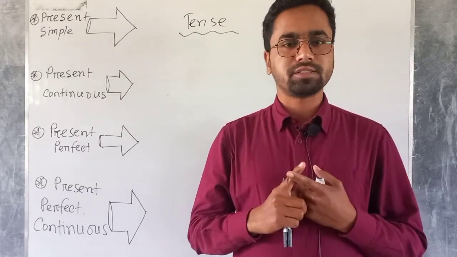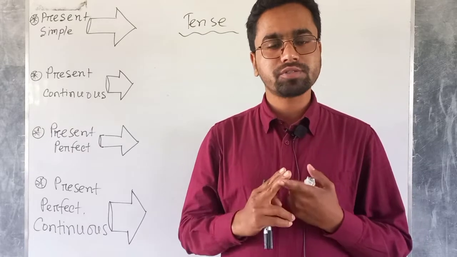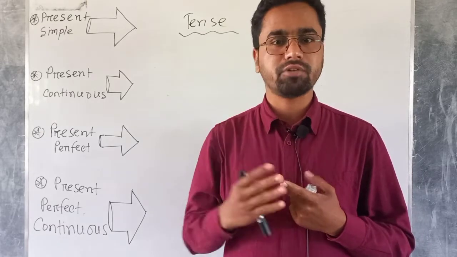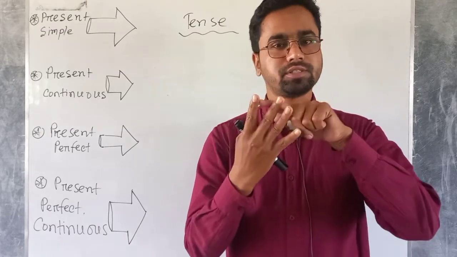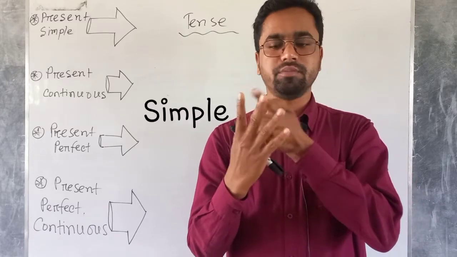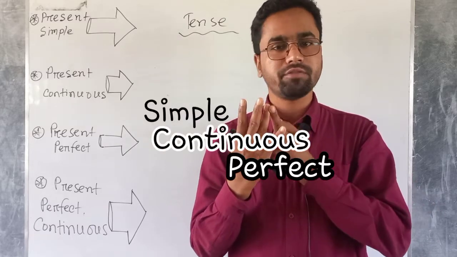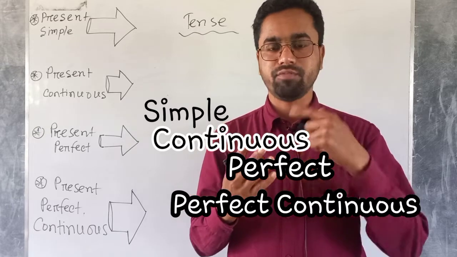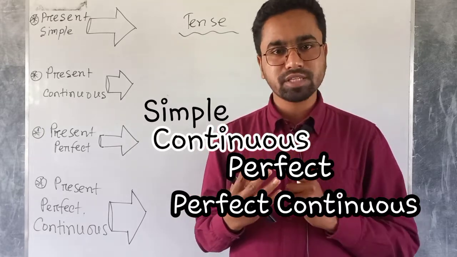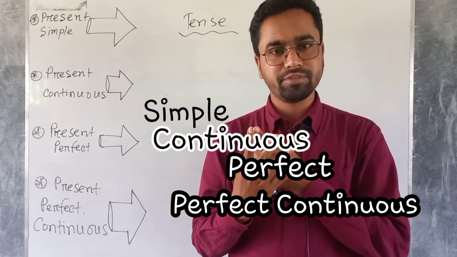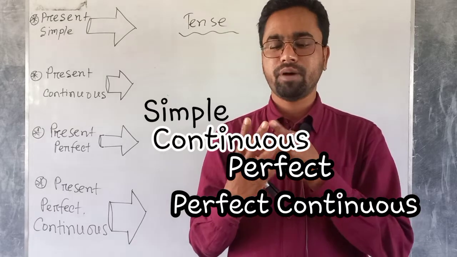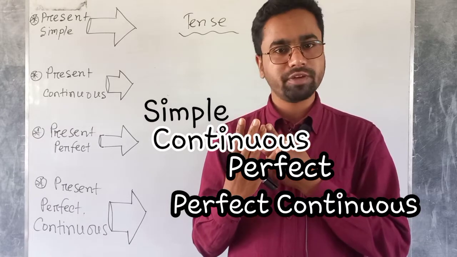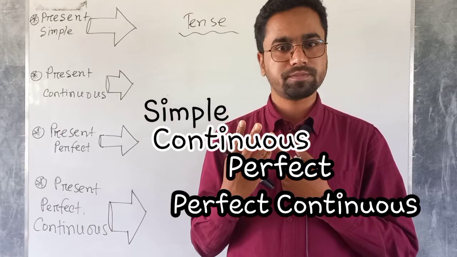All the three tenses, I mean present, past and future, have been categorized into four parts: present simple, present continuous, present perfect and present perfect continuous. In past tense, there are past simple, past continuous, past perfect and past perfect continuous.